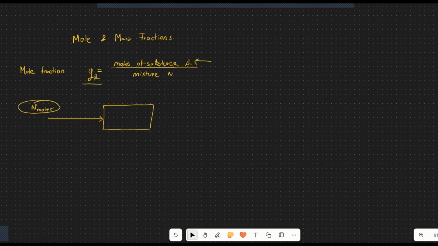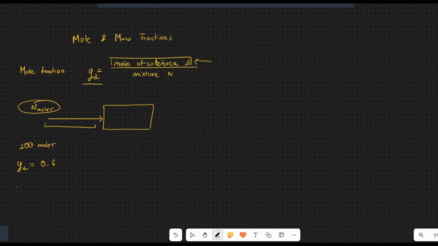So given a molar fraction of A, we can determine how many moles of A are actually present in the stream of interest. For instance, if we have 100 moles as an input stream for the process unit, and we're given a molar fraction of A equal to, say, 0.6, then we can isolate this quantity in order to determine how many moles of A are present in the stream.